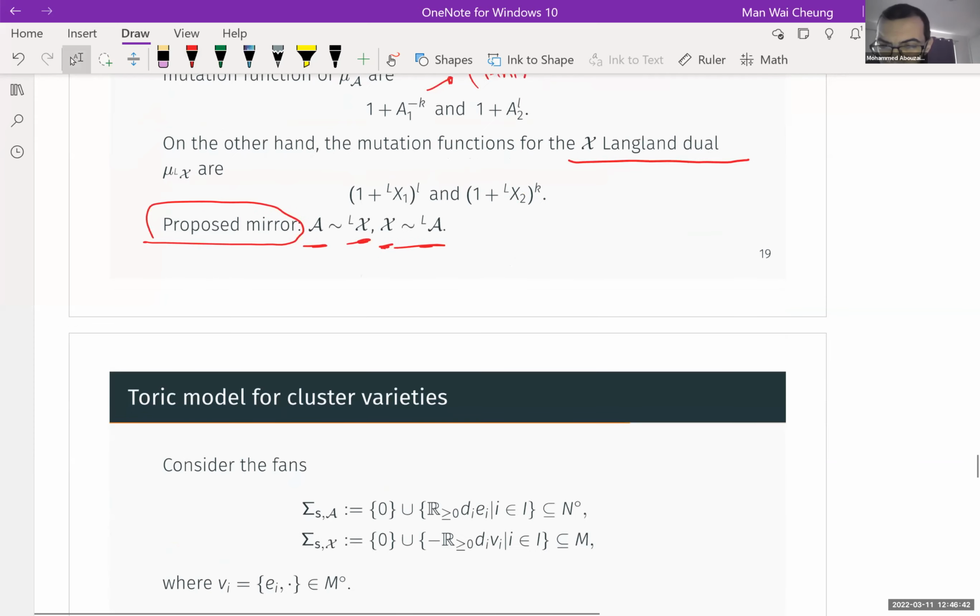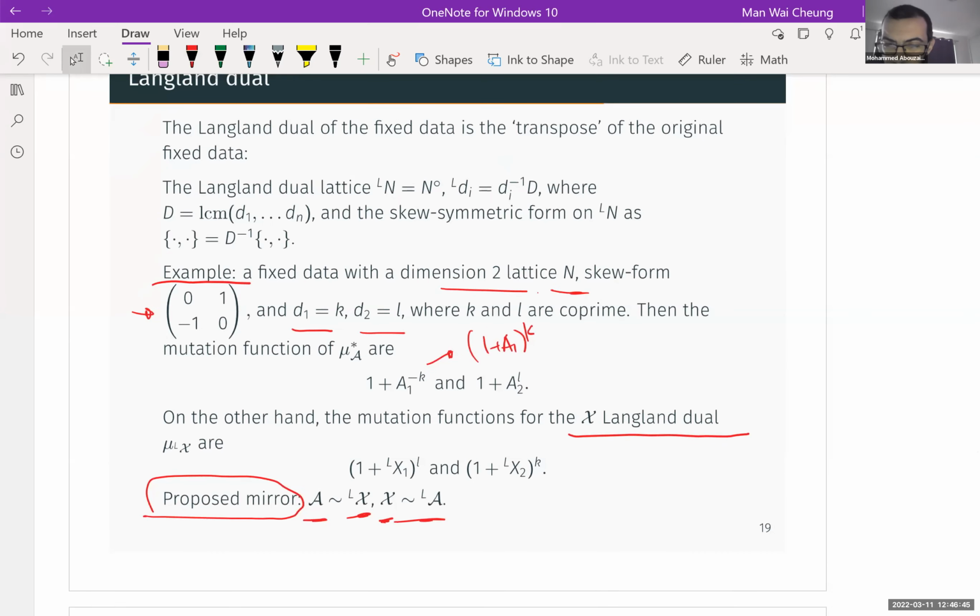Sorry, can you just repeat what you said? You're saying that, I see, okay, fine. But what does this tell me about the A cluster variety and the X cluster variety, how are those related? Those are proposed mirrors.